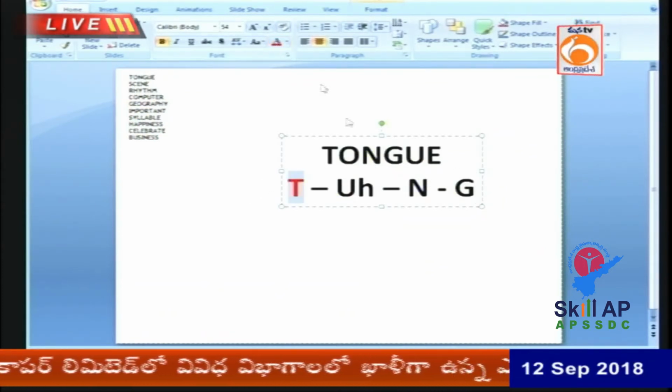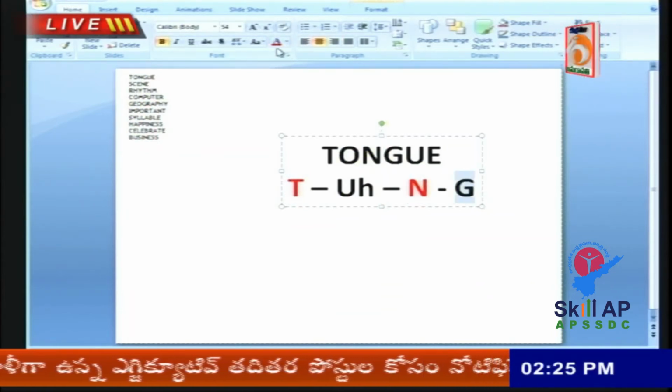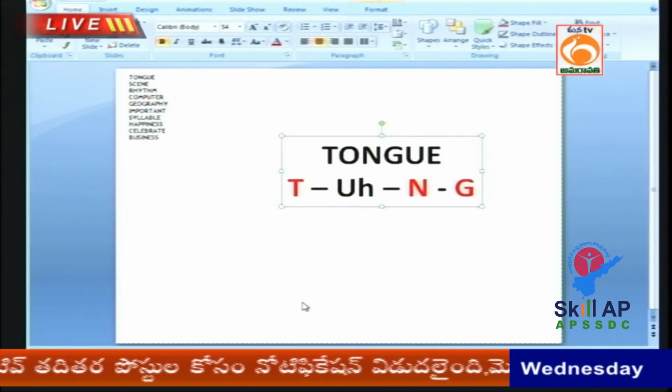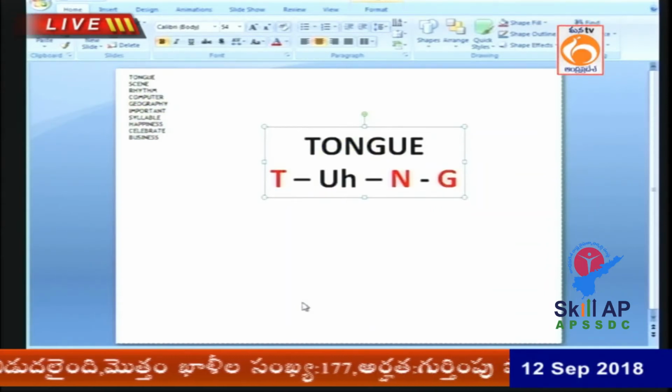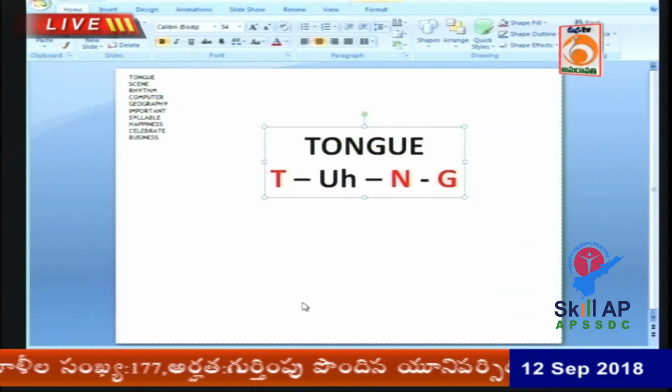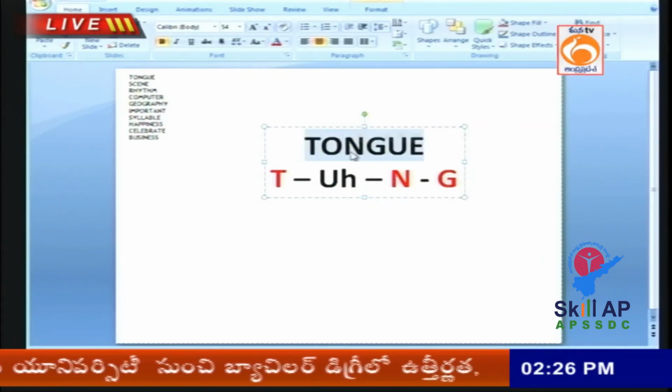Now I'm going to mark all the consonant sounds in red. So how many sounds do we have in this word? Four. And how do I pronounce this? T, n, g, tongue.